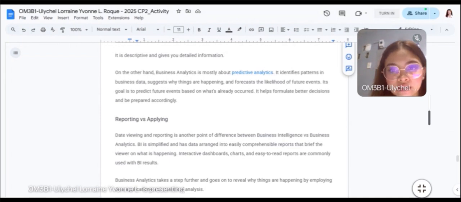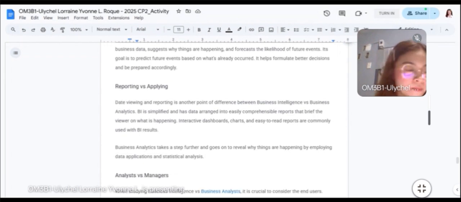It identifies patterns in business data, suggests why things are happening, and forecasts the likelihood of future events. Its goal is to predict future events based on what's already occurred. It helps formulate better decisions and be prepared accordingly.